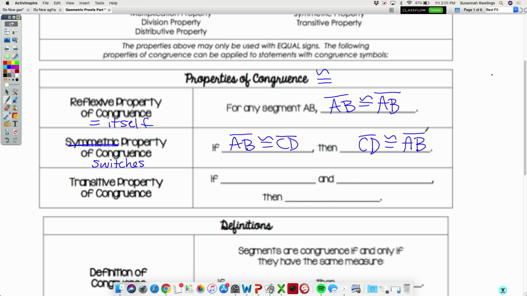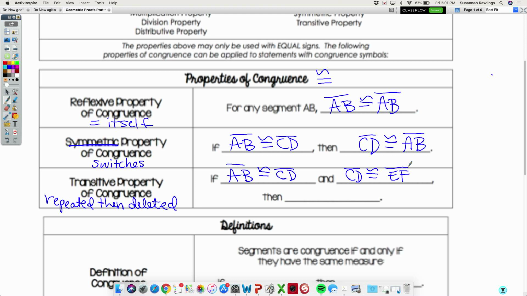Okay, transitive property, I think, is the trickiest one. That's when we have something repeated and then deleted. That's what I like to say, repeated then deleted. It's a little rhyme. So if AB is congruent to CD and CD is congruent to EF, what has been repeated there?